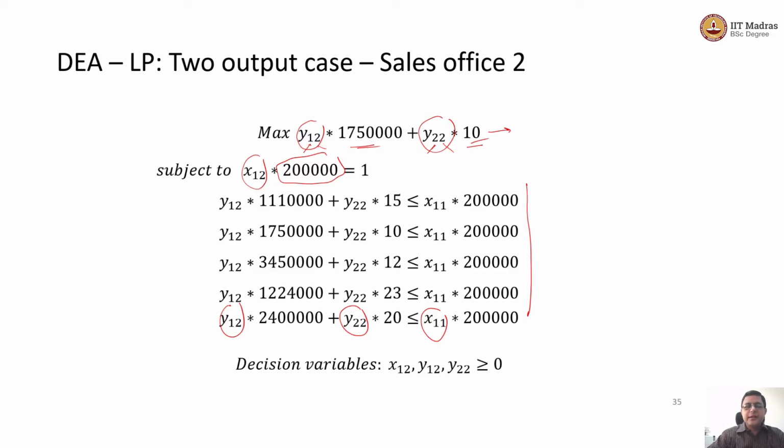Here the decision variables are the weights to be used by sales office 2. These are the 3 weights, input weight and output weights for sales office 2. And we have seen in the previous formulation that every DMU in fact chooses different values for input weight and output weight because they will use the values that best suit them.